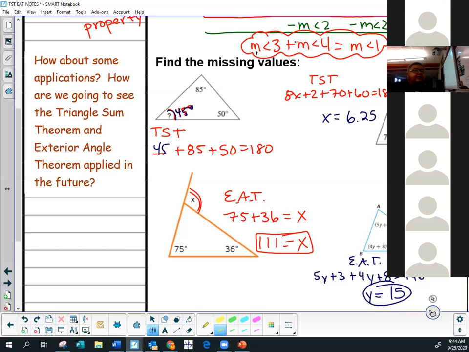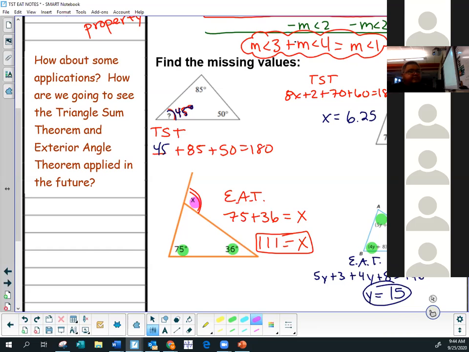And so by the exterior angle theorem, the two remote angles, the ones not touching the exterior angle, in this case, these would be the remote angles, have to add to be precisely what the exterior angle is, in this case, x. Okay. You also see that here in the next example, definitely exterior angle. And so the two remote angles add together to make 146, which is the exterior angle on the other side.